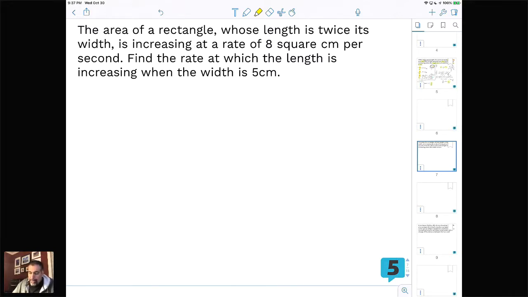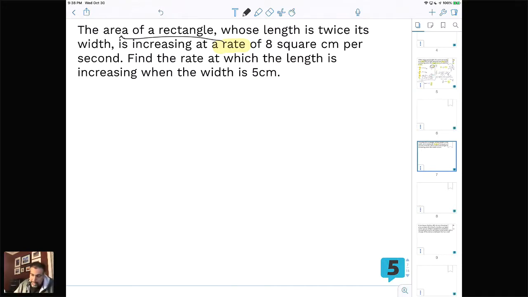As you're reading it, the first thing you're doing is looking for those keywords. The first keyword that I see is the word rate. We're looking for any word that means rate. So there's the keyword. What is it referring to? In other words, ask yourself, what's changing? When you read this one, the area of the rectangle is changing. So this points back to area.